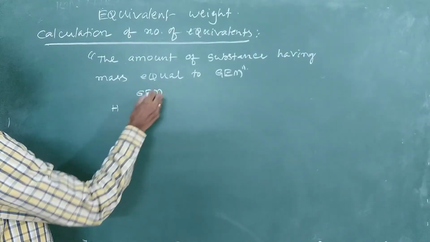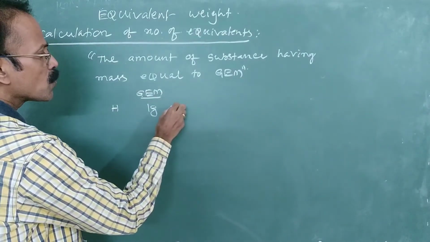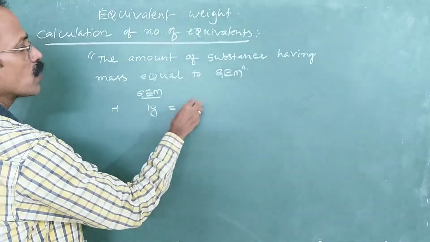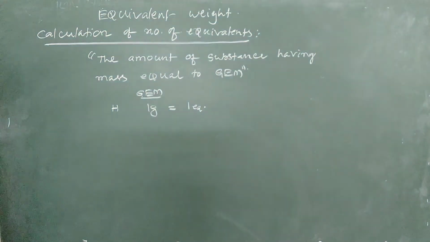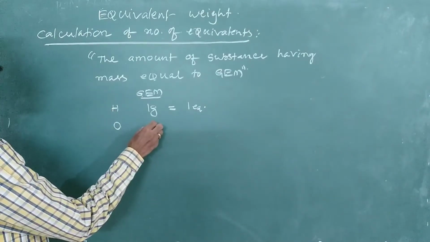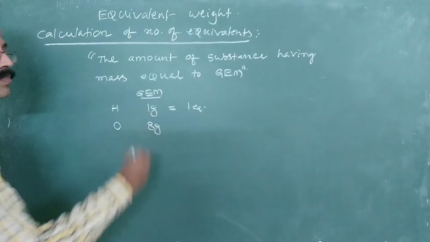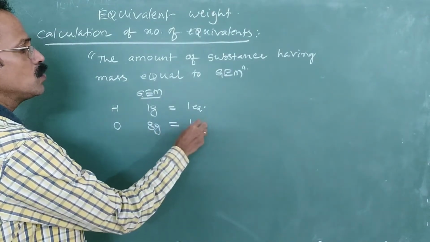The gram equivalent mass of hydrogen is 1 gram, and 1 gram of hydrogen is equal to 1 equivalent. Similarly, for oxygen, the gram equivalent mass is 8 gram, and 8 gram of oxygen will be equal to 1 equivalent.